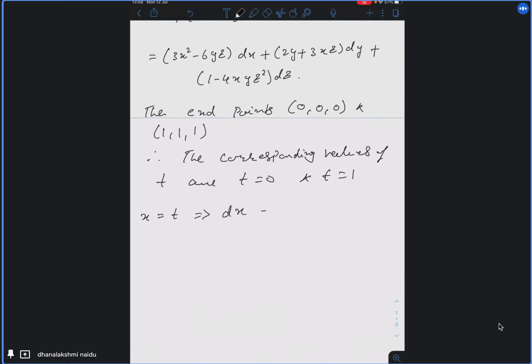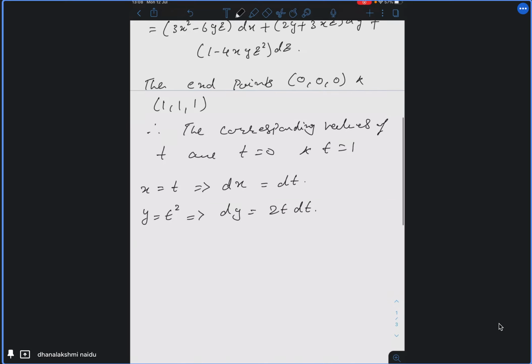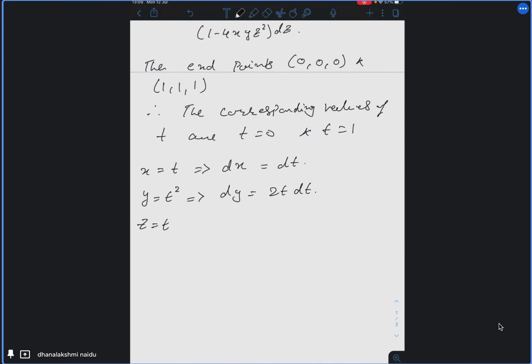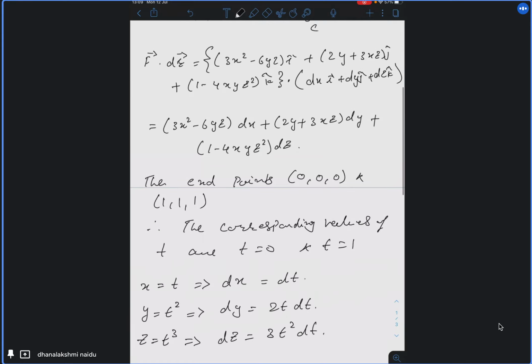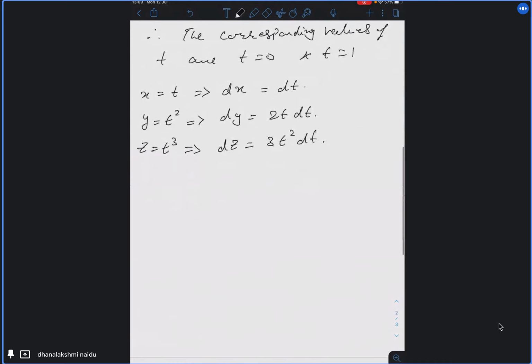So dx will be equal to dt. y is t square, so dy will be equal to 2t dt. Similarly z is t cube, so dz will be equal to 3t square dt. This substitution you have to make for F bar dot dr bar and integrate with respect to t.